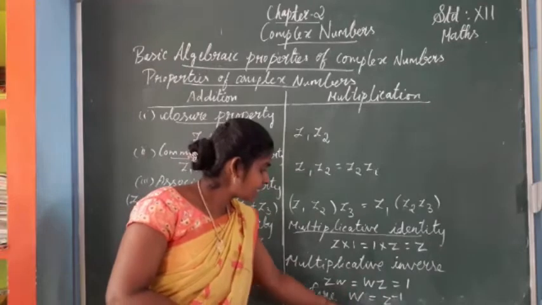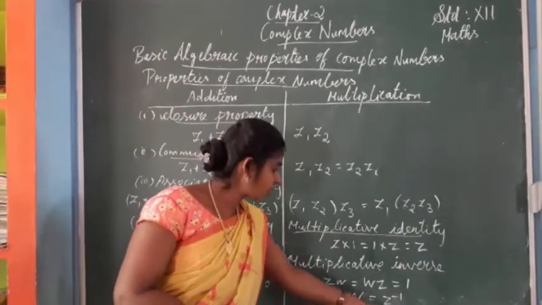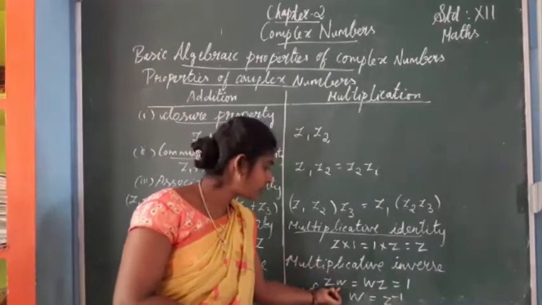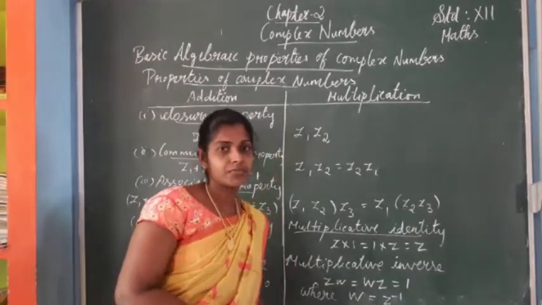Where w is equal to z inverse. The value of w is denoted as z inverse.